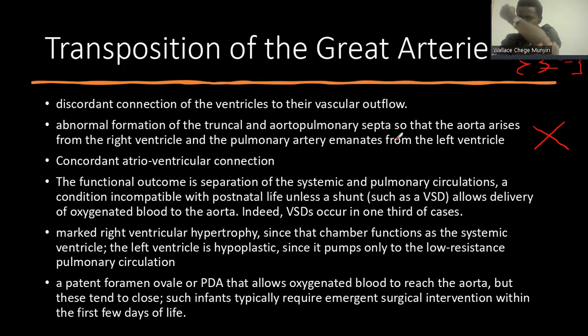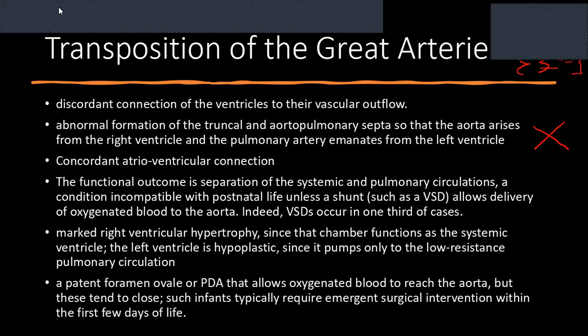The aorta originates from the left, but its course is towards the right, while the pulmonary trunk originates from the right, but its course moves towards the left. So they cross each other like this, and this is due to the spiraling of the conotruncal septum. I hope you have understood that.